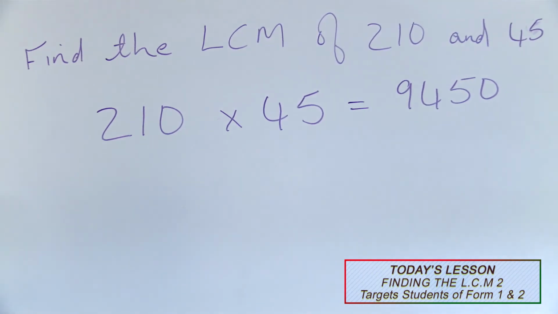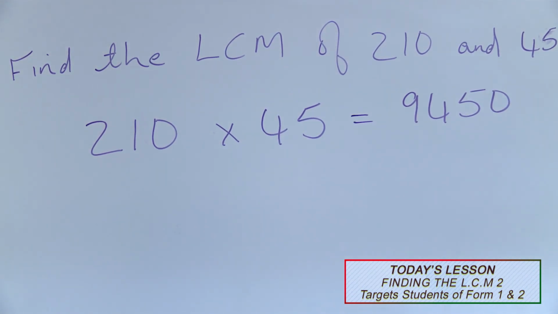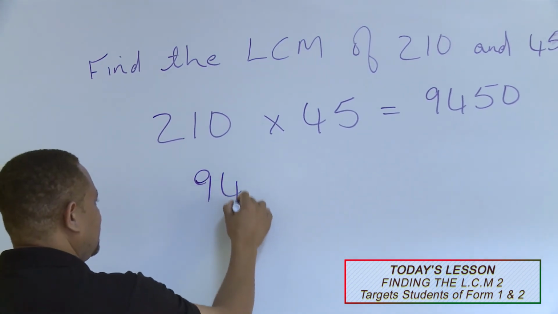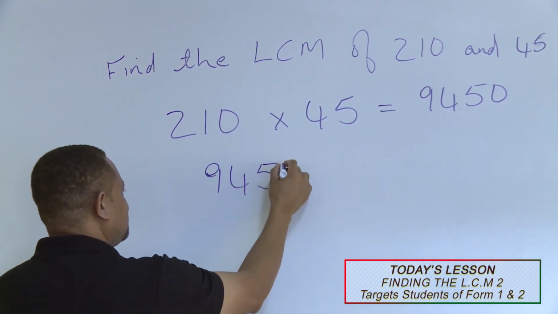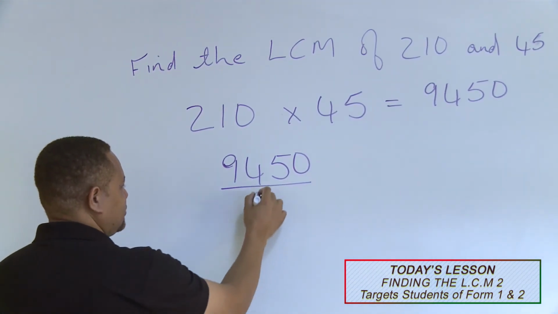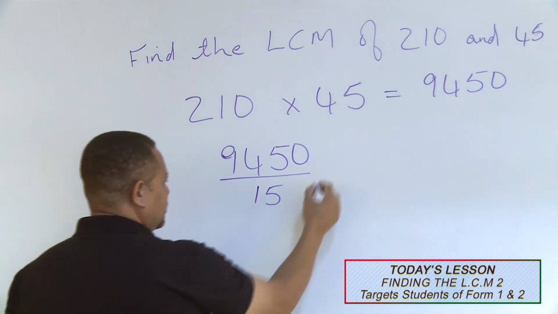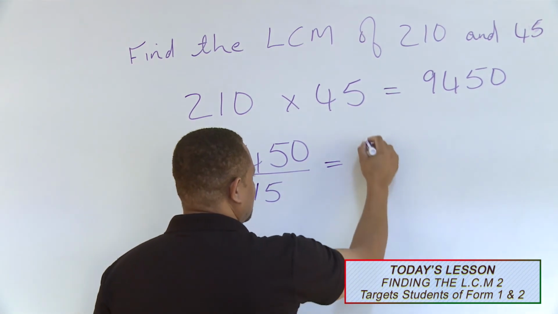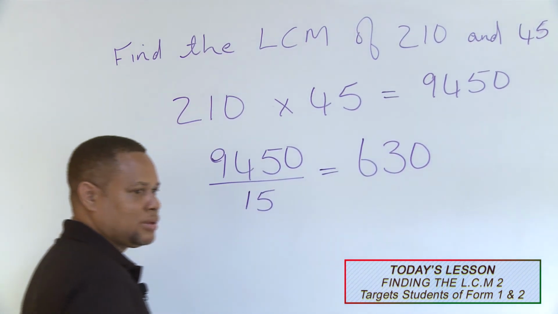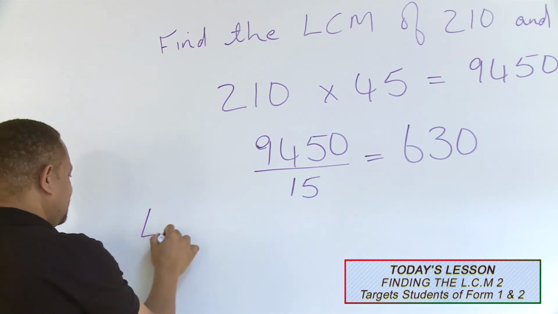Once we've done that, we are now going to divide by the greatest common divisor or the highest common factor. So we're going to divide 9,450 by, what was the highest common factor? Yes, 15. And our answer for this is 630.